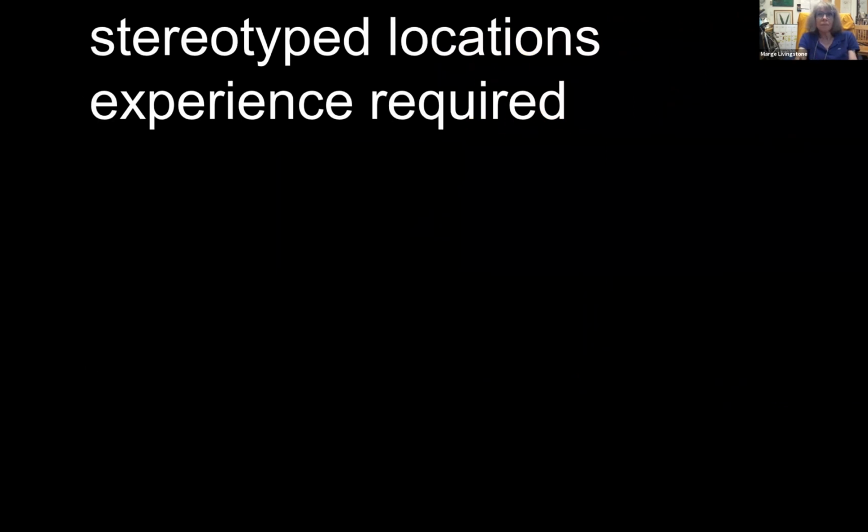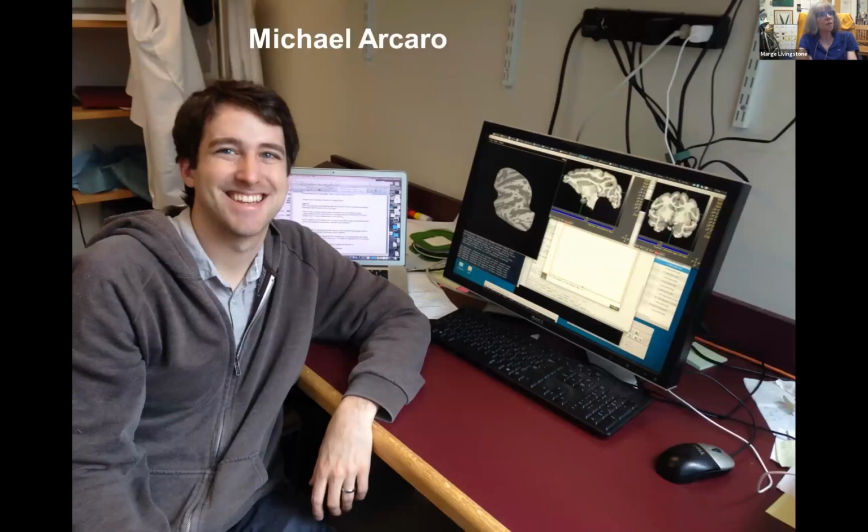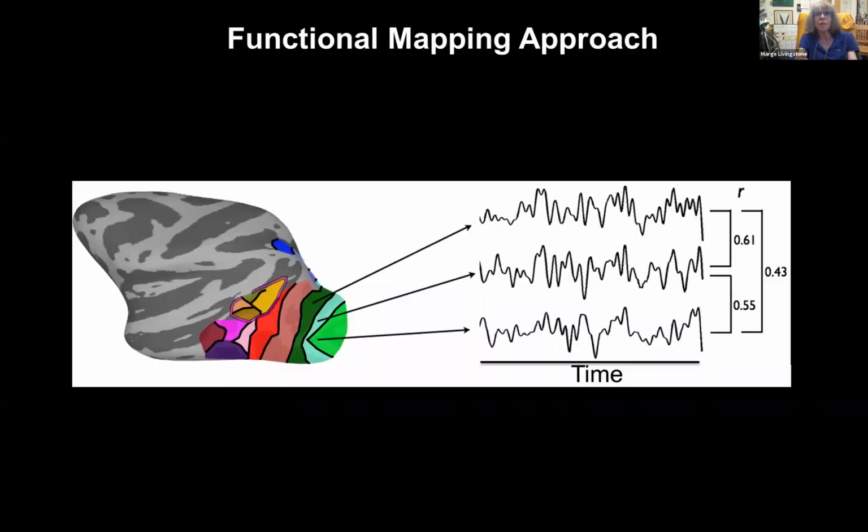The stereotyped locations and the requirement for experience again say to us that experience must be acting on some kind of proto-architecture. So to figure out what this proto-architecture was, Michael Arcaro looked at the data we had collected from newborns and analyzed the patterns of spontaneous activity across visual cortex.